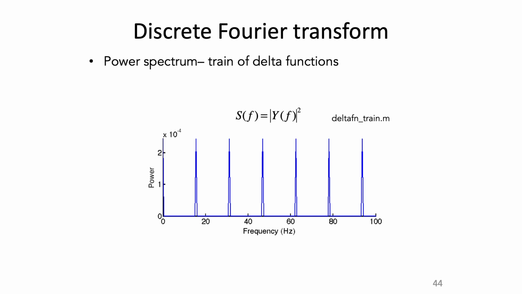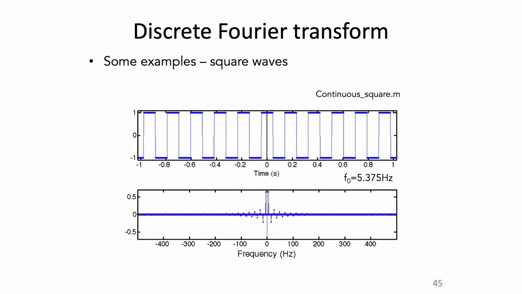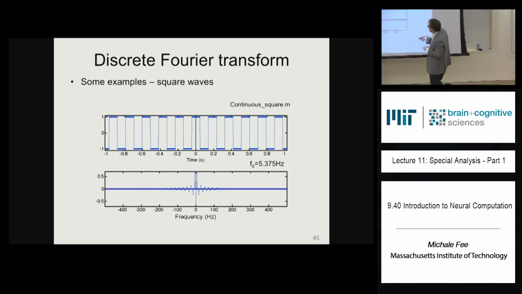Okay. So here's another function, a square wave. This is exactly the same function that we started with. If you look at the Fourier transform, the imaginary part is 0. The real part has these peaks.